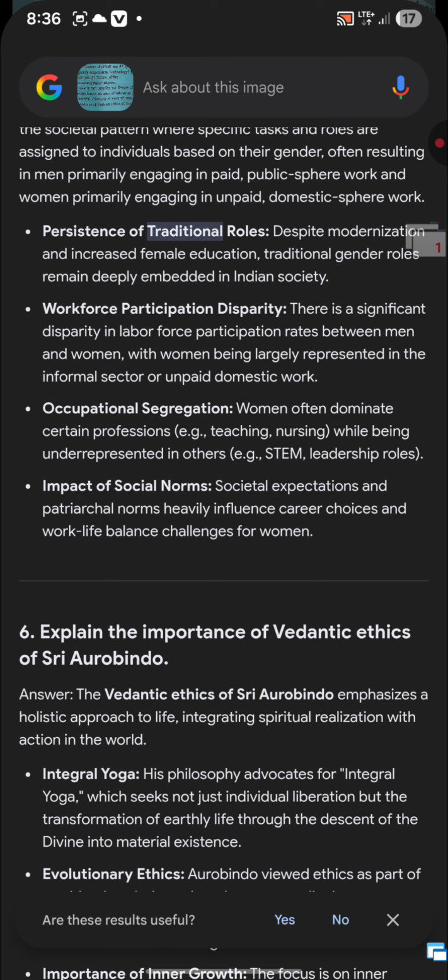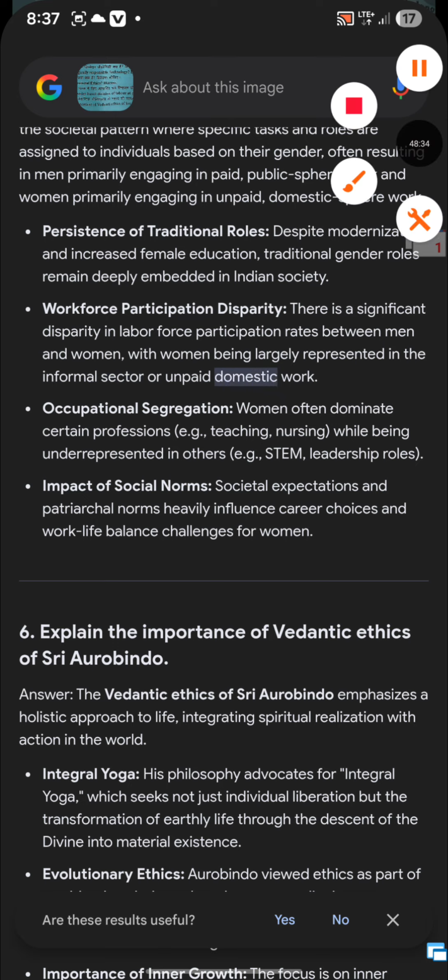1. Persistence of traditional roles. Despite modernization and increased female education, traditional gender roles remain deeply embedded in Indian society. 2. Workforce participation disparity. There is a significant disparity in labor force participation rates between men and women, with women being largely represented in the informal sector or unpaid domestic work. 3.